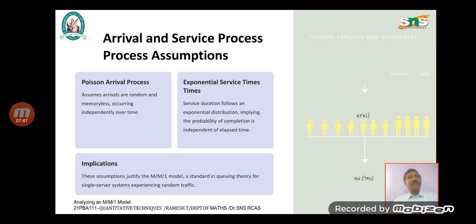Arrival and service process assumptions. Poisson arrival process: arrivals are random and memoryless, occurring independently over time. Exponential service time: service durations follow an exponential distribution, implying the probability of completion is independent of elapsed time.